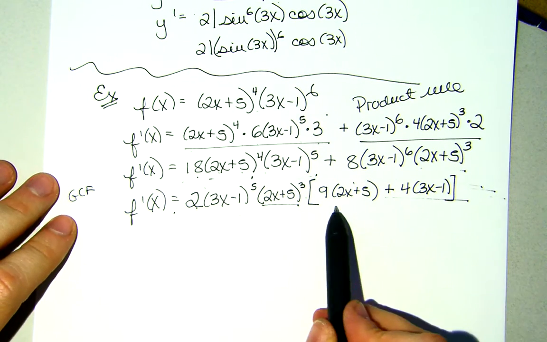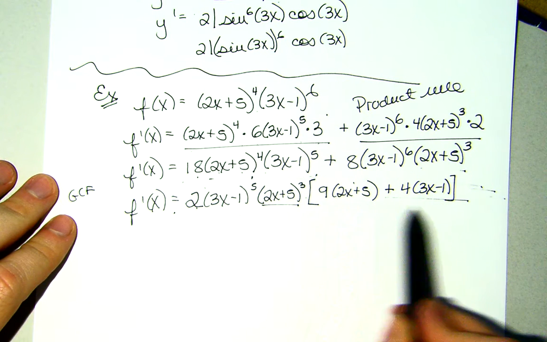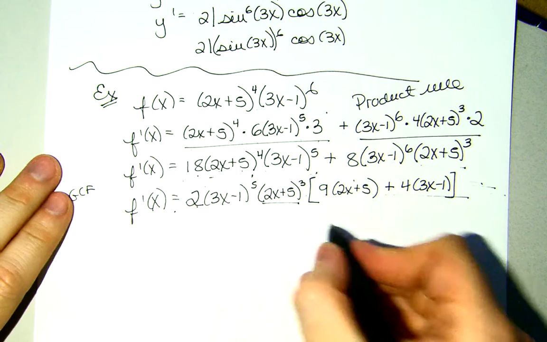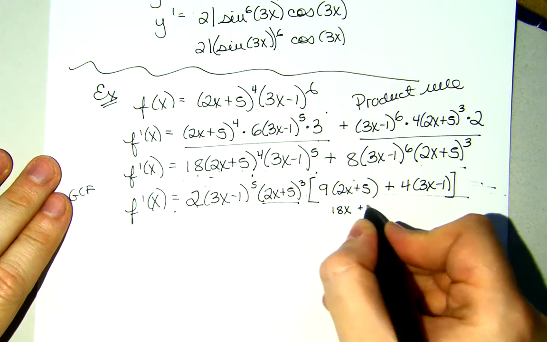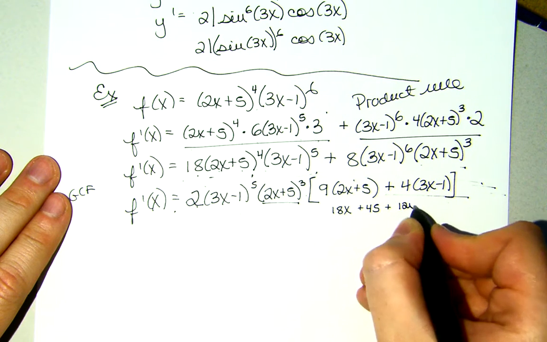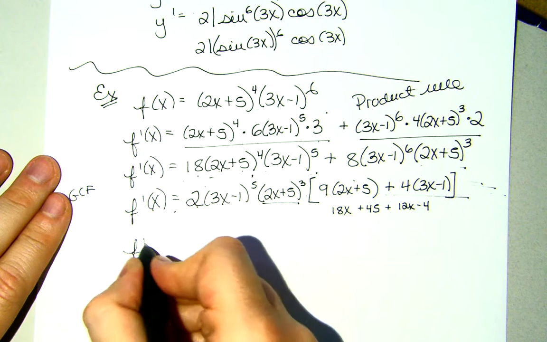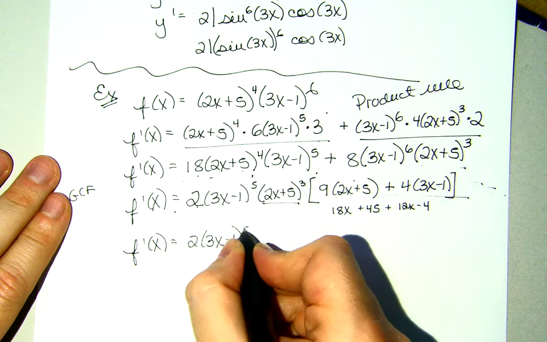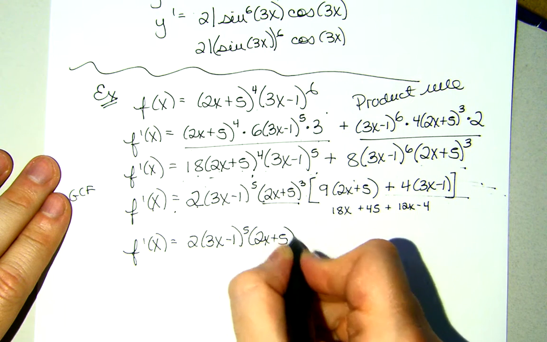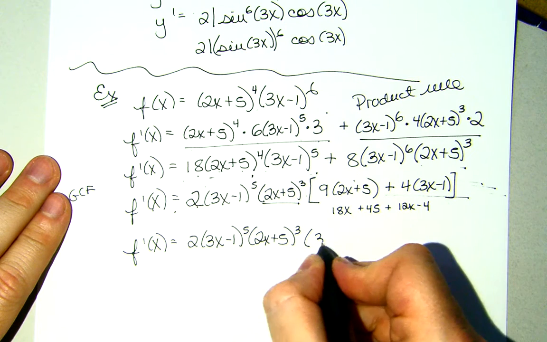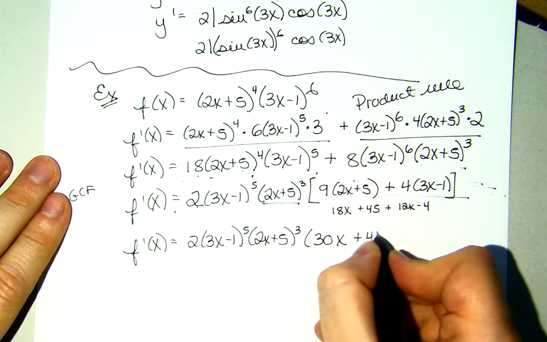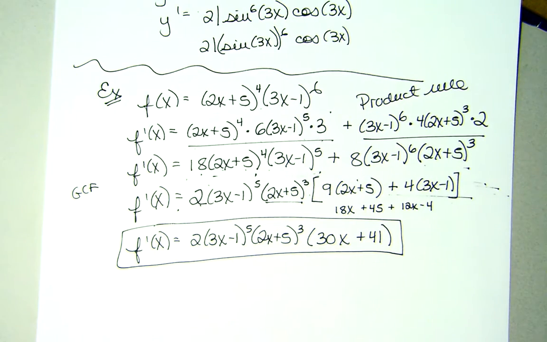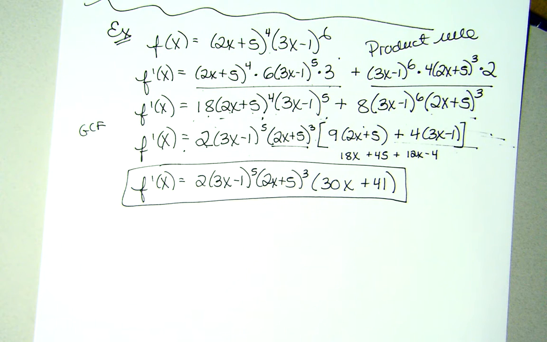Go and distribute things inside here to get things that you can combine like terms on and get just one thing inside a set of parentheses. See if you can get what I have.